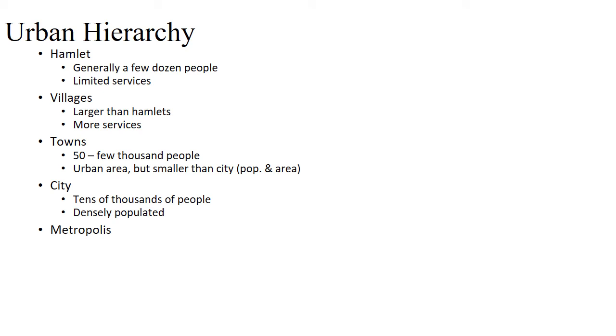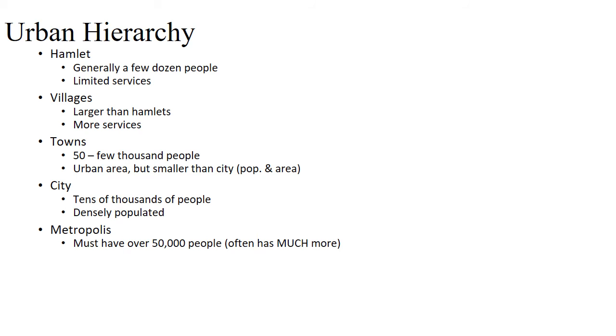A metropolis is when you get well beyond the scale of a city. A city is going to include tens of thousands of people up to maybe several 100,000 people, while a metropolis, at a minimum, is almost like a metropolitan statistical area.